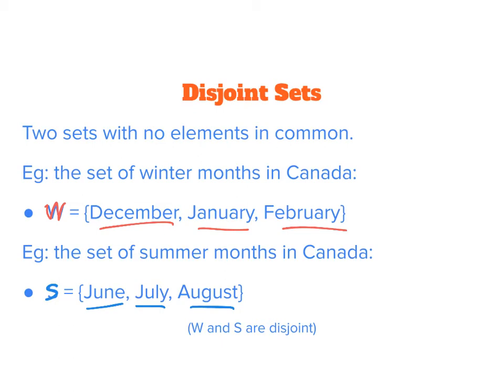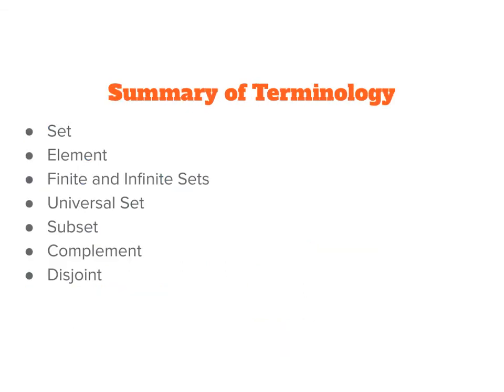So if we look at any element in the set W, they don't show up in the set S, and vice versa. Any elements in the set S do not show up in the set W. So there's no elements in common in between these two sets, so we call those disjoint. So that's all of our terminology.